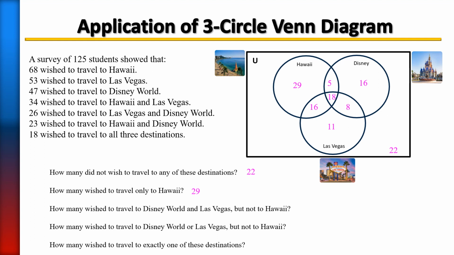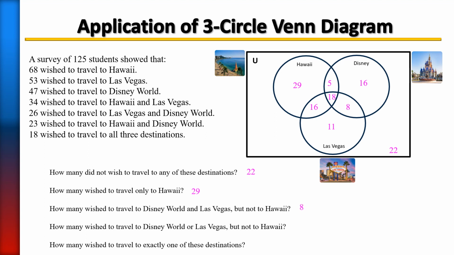Next question, how many wish to travel to Disney and Las Vegas, but not Hawaii? When they say and, Disney and Las Vegas, that's what they share in common, that overlapping area. And as we can see here, that is your 8.